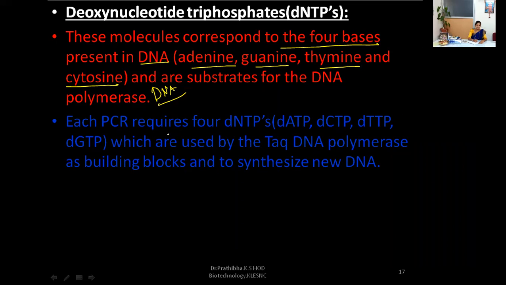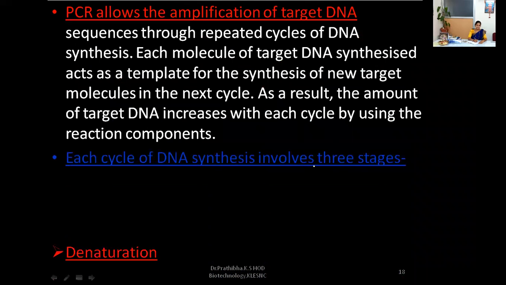Each PCR requires four dNTPs. What are those? Deoxyadenosine triphosphate, deoxycytosine triphosphate, deoxythymidine triphosphate, and deoxyguanosine triphosphate, which are used by the Taq DNA polymerase as building blocks to synthesize a new DNA molecule.